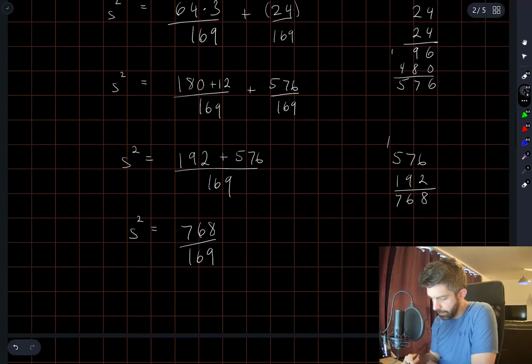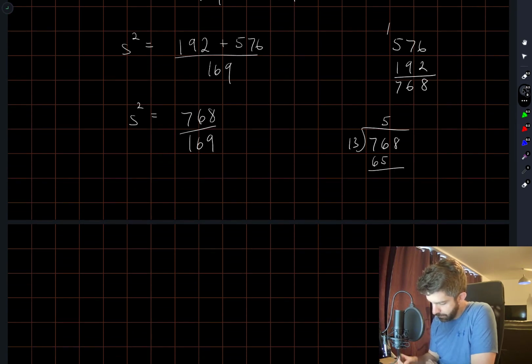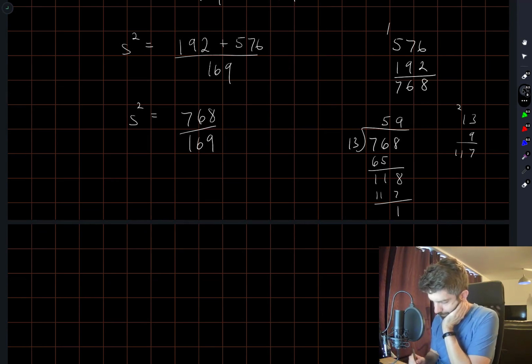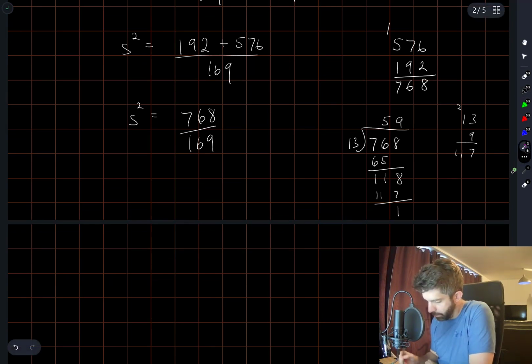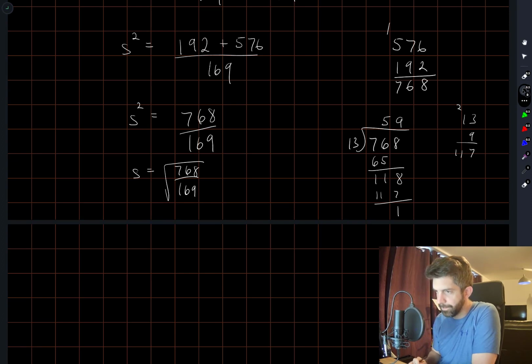I kind of suspect it's not going to be, but I'm just going to check really quickly to see what we get. Yeah, so this is not divisible by 13, so there's no reduction we can do here. So the side length is 768 over 169, all under square root.